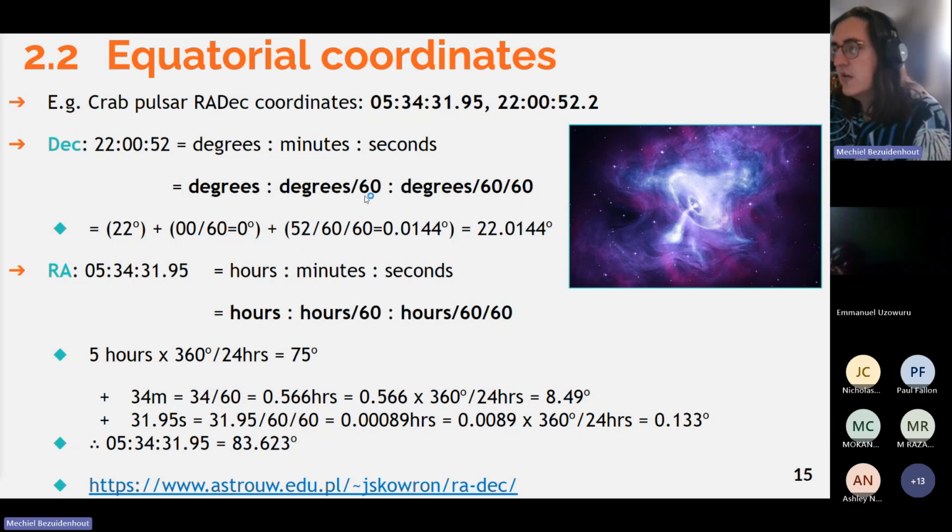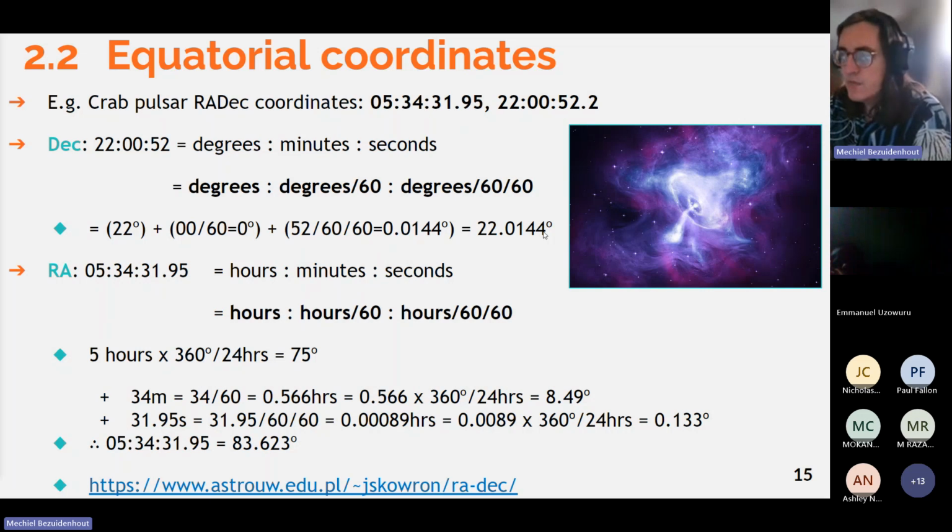The minutes here are defined as degrees divided by 60, and the seconds are the degrees divided by 60 divided by 60 again. To calculate this as a decimal value, you take the 22 plus 0 from the minutes plus 52 seconds divided by 60 divided by 60, which is 0.0144. Add those together, and you get 22.0144 degrees.